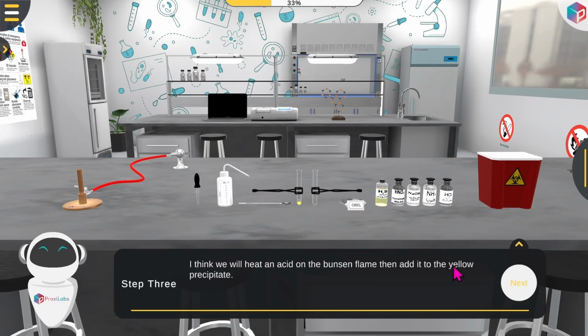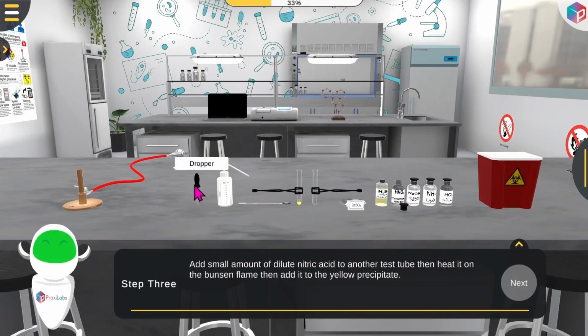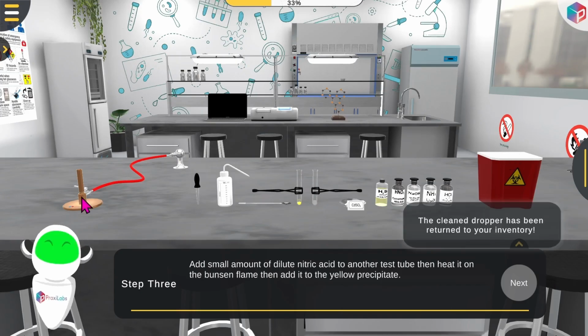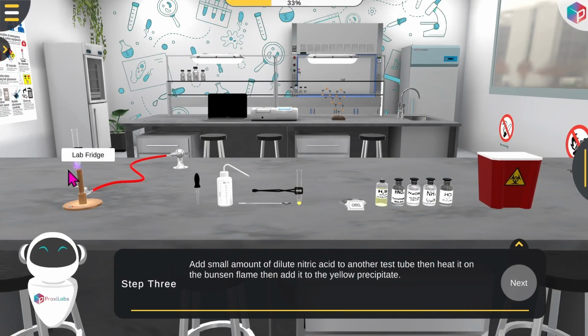Step 3. Add a small amount of dilute nitric acid to another test tube. Then heat it on the Bunsen flame. Then add it to the yellow precipitate.